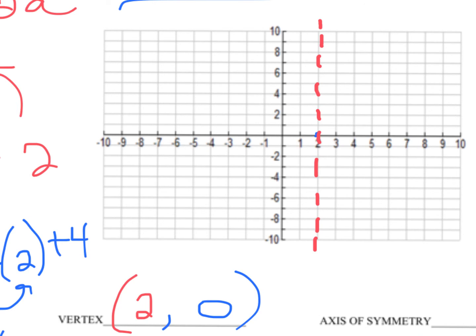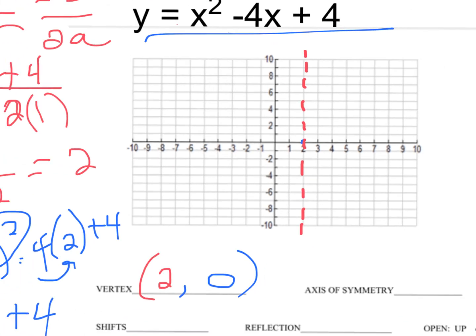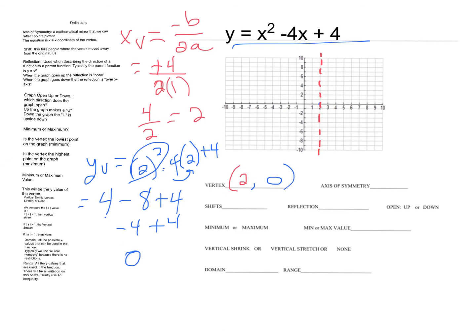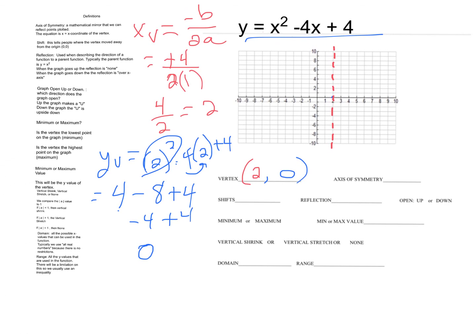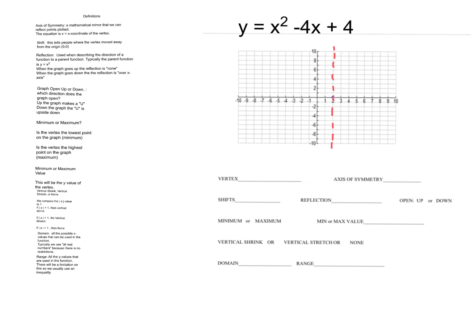Now we have to figure out how this thing actually moves. So what we're going to do is use our 1, 3, 5, 7. Whoops, (2, 0).